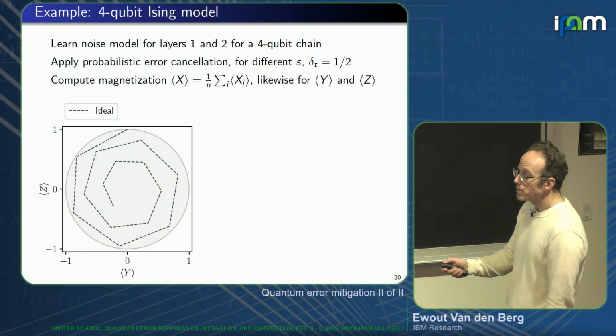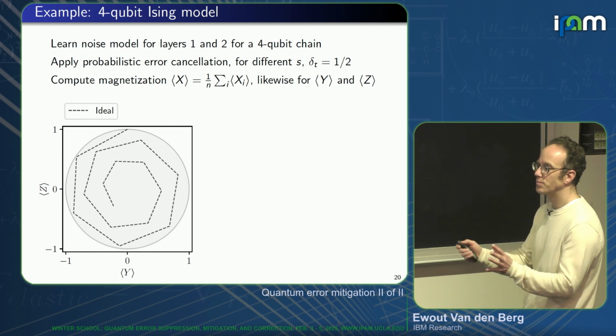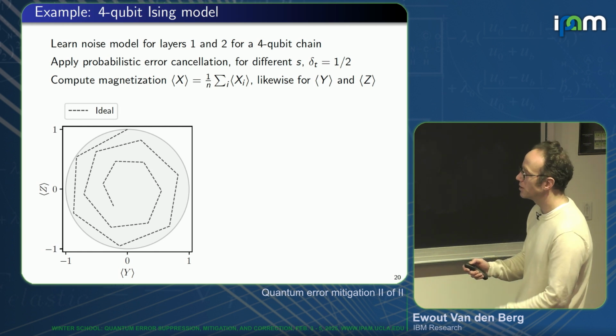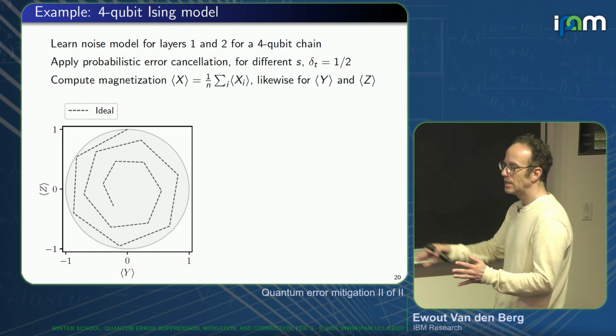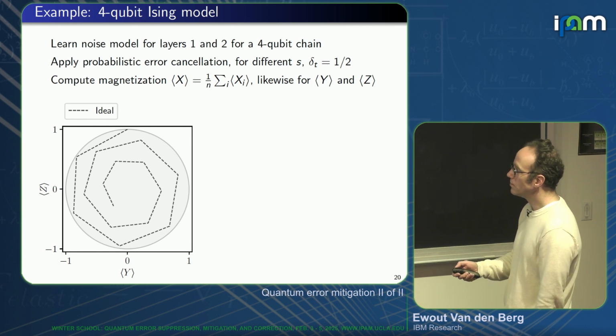Once we've learned the noise, we can apply PEC for different values of S and a fixed delta T. So we don't actually scale the delta T. It's a way of doing the time evolution.